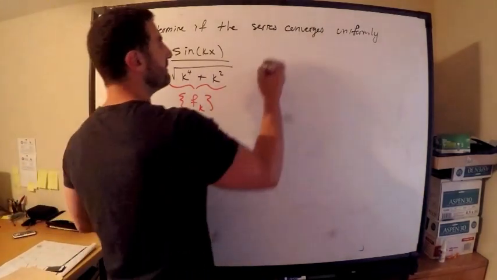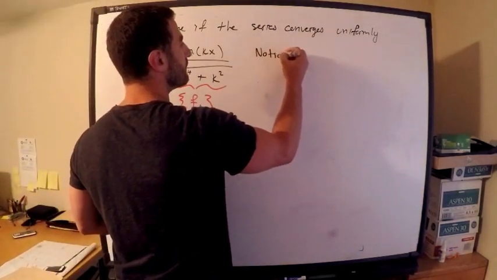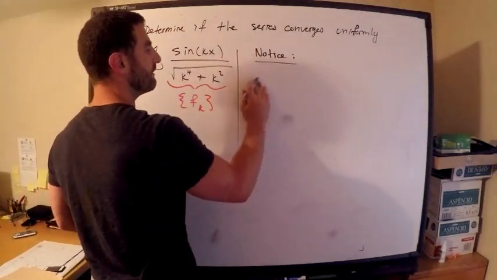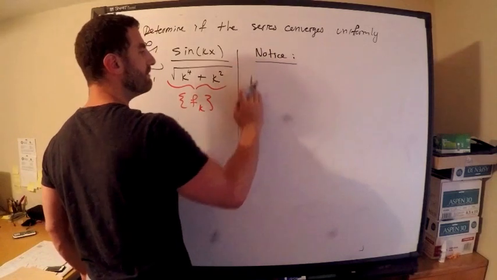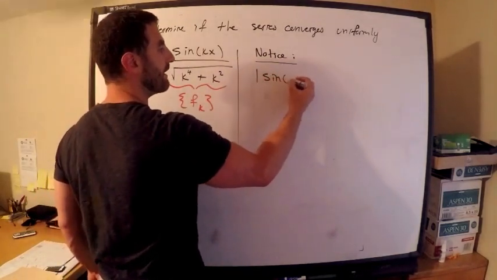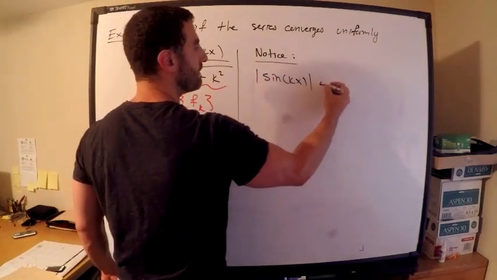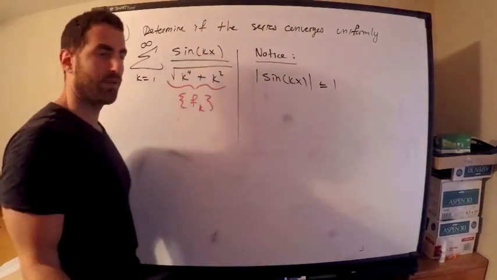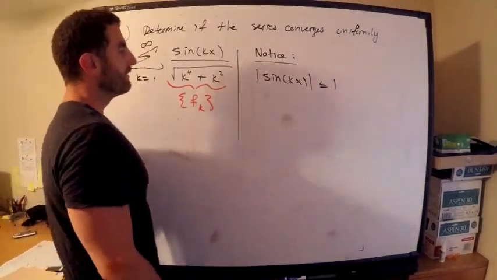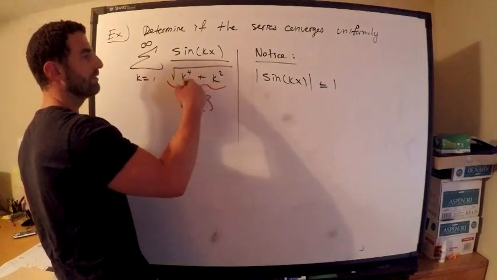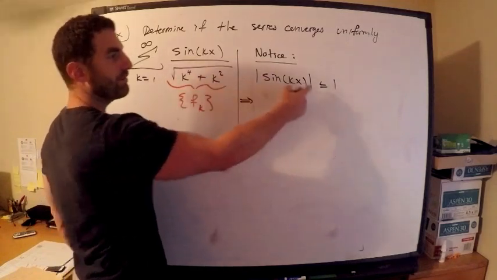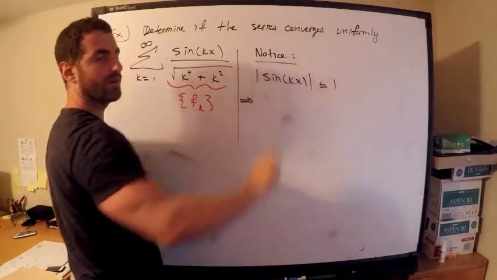Notice that the absolute value of sine of kx is less than or equal to 1. The range of sine is -1 to 1, so taking the absolute value, it can't be any greater than 1. Divide everything by this positive number, and the inequality remains the same.